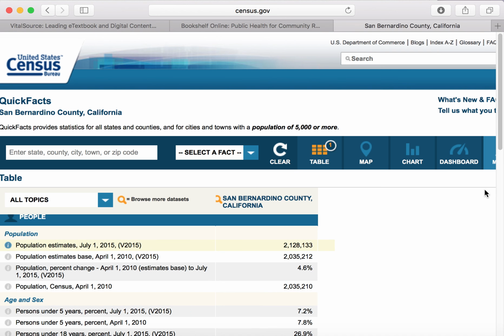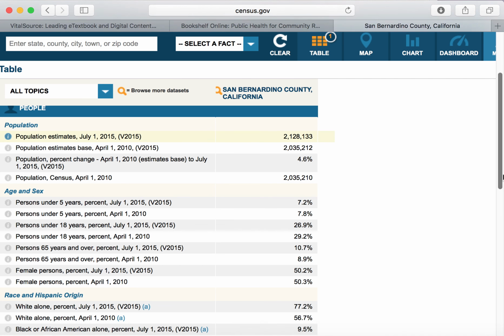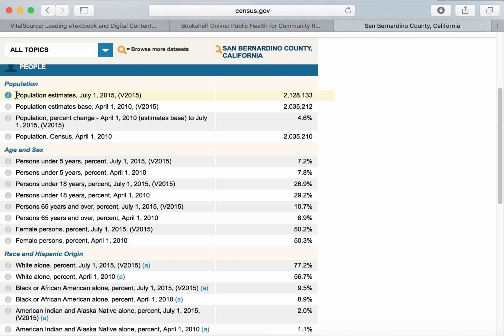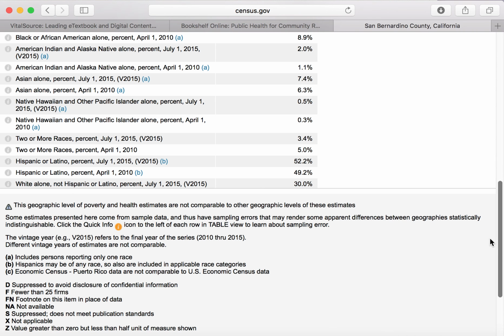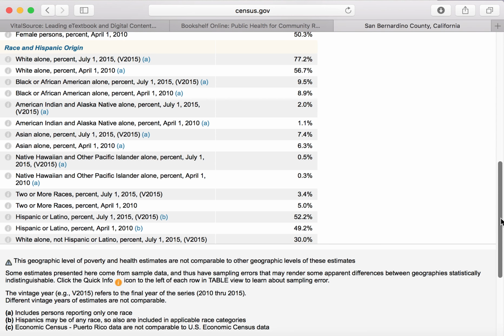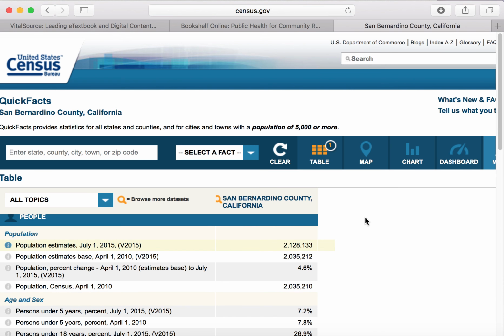And then you can look at some of the data that you can find in this particular area. You can also ask for more information about that particular estimate. Age and sex, race and Hispanic origin, and so these are some of the kinds of things that are talked about in your particular chapter of the textbook.